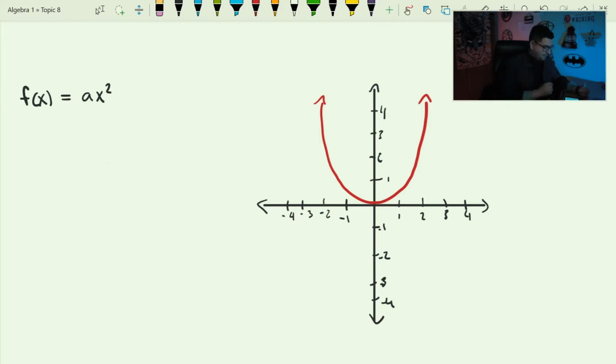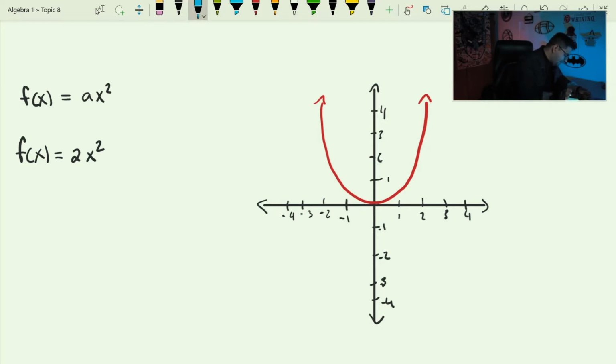So for example, let's say we had just f of x equals 2x squared. If it's positive, we're going to have a parabola open up in the upward direction, kind of like this one.